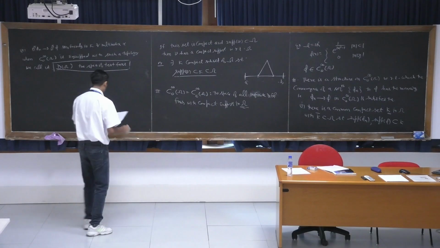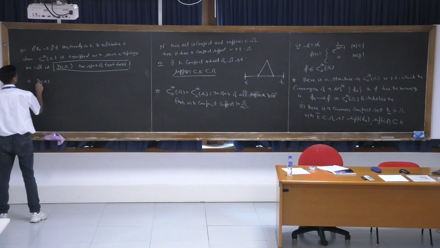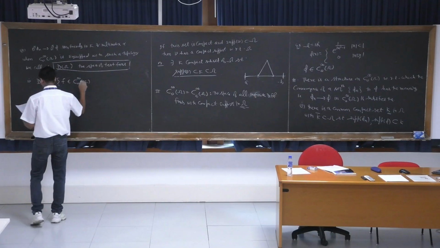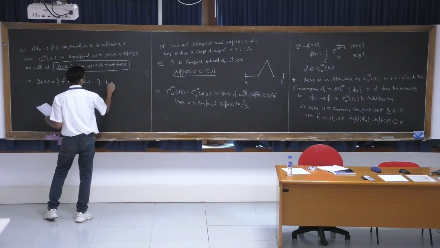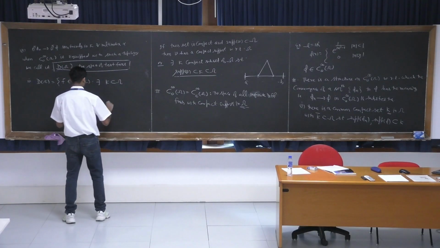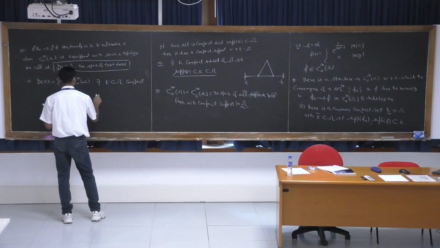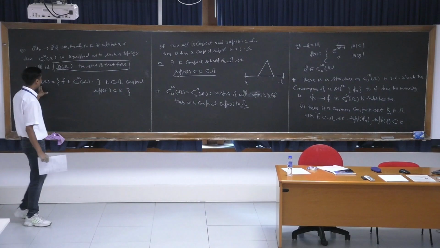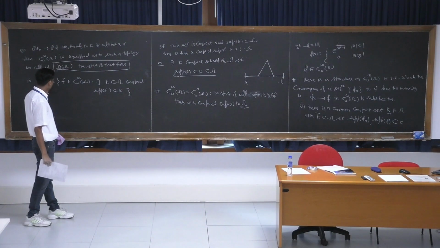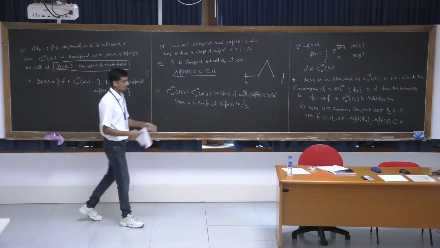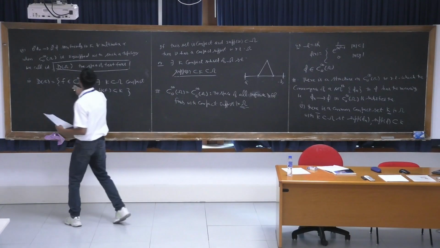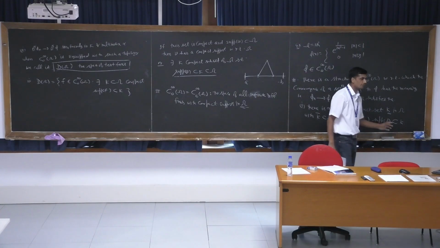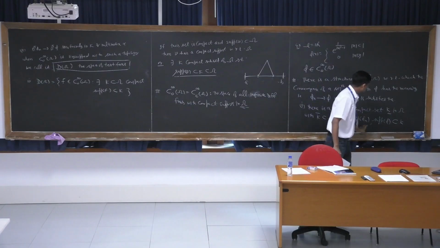D omega is the set of those functions belonging to C0 infinity such that there exists a compact set K subset of omega with support of f contained in K. Every function has this convergence property: phi n converges to phi, and the supports of phi n and phi are subsets of K.